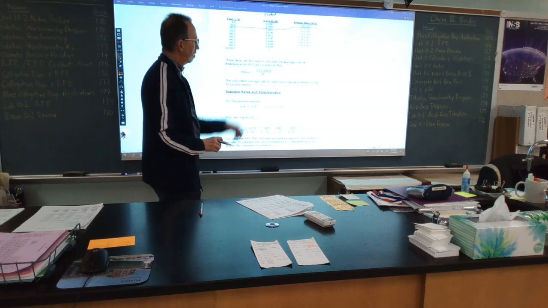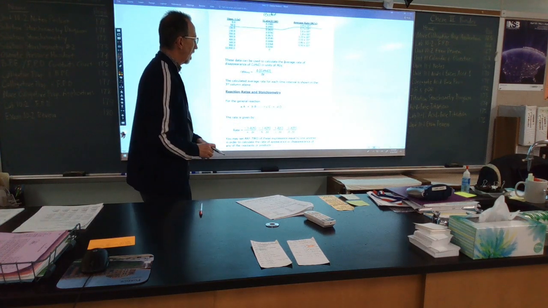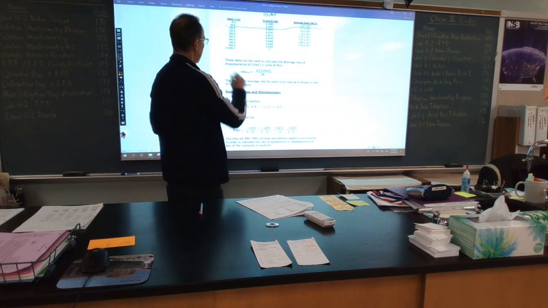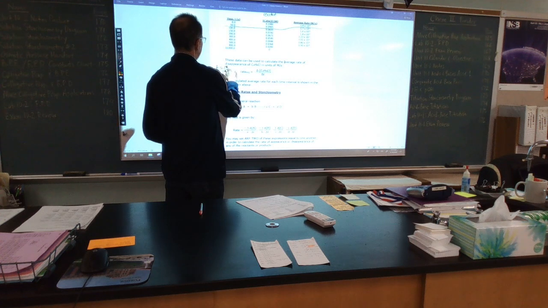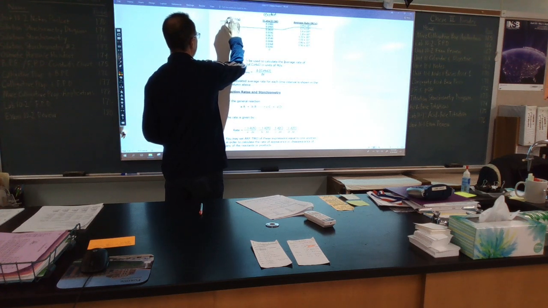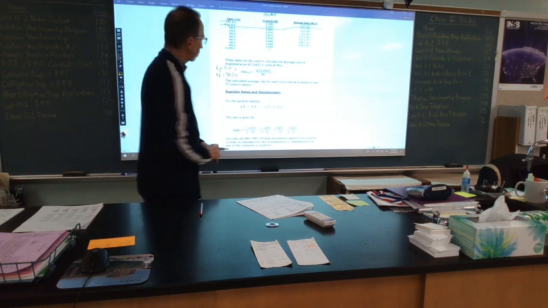So these data can be used to calculate the rate of disappearance of butyl chloride in units of molar per second. So let's use T equals 0 as our initial, and 50 seconds as final. So we're going to use this here as T initial, and this one here as T final. All right.